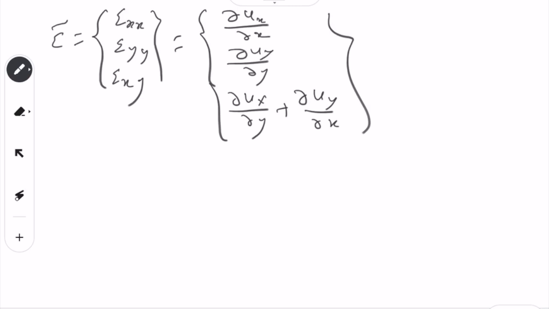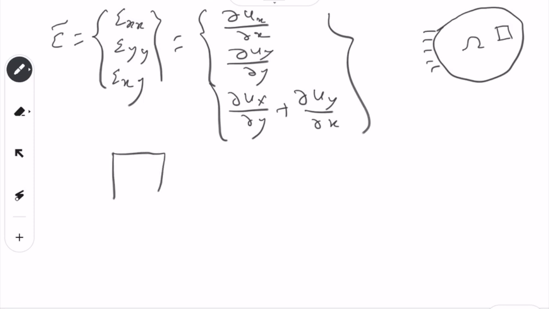So, let us say this is the domain where we are interested and we have one control element from here. You have applied a stress, so let us say we have the displacements, something like this.